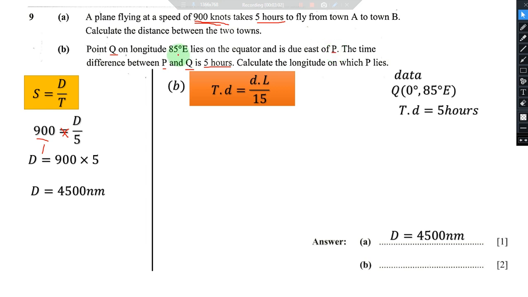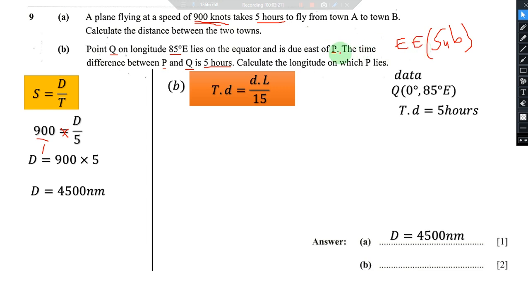So meaning the difference in their longitudes, since they are on the east, on the same side, we're supposed to subtract the longitudes. If they were on different sides, if the other one was on the west and the other one in the east, we would add.